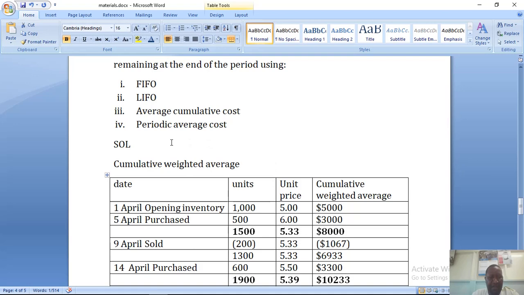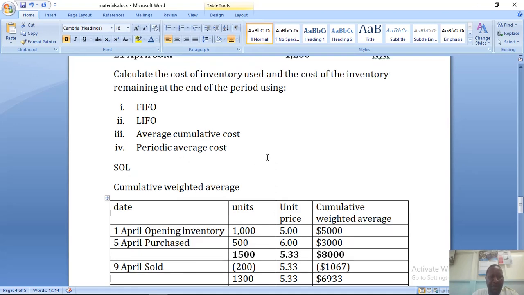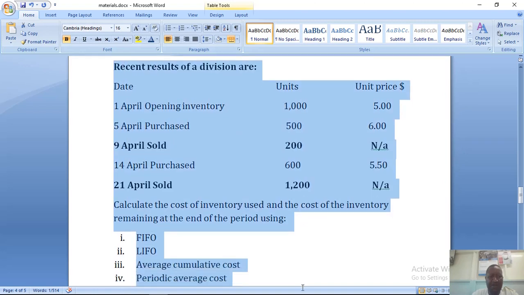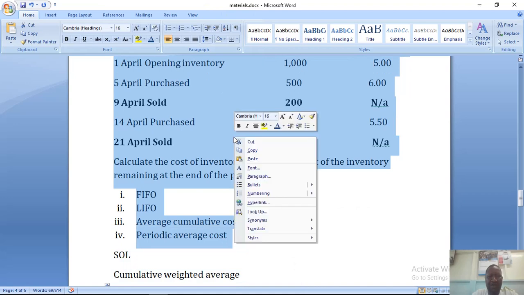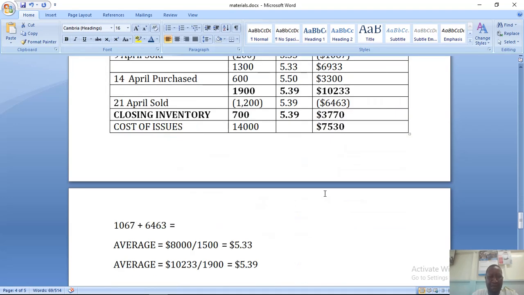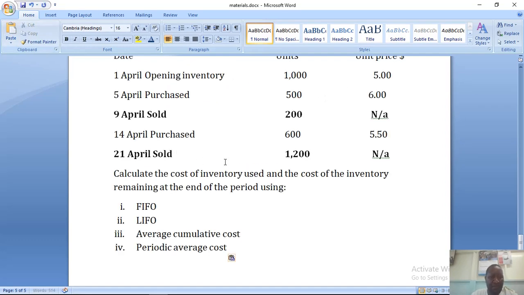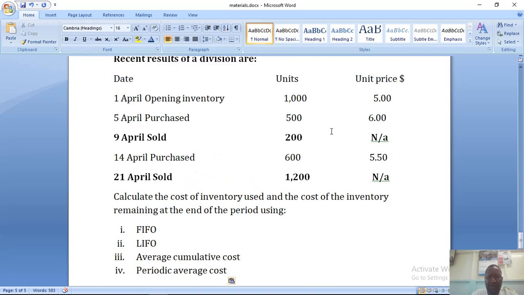Then the last method of inventory valuation is called the periodic average cost method. With this particular method, you have to calculate the average cost of issues right at the end of the period. So let's bring the question down there. What you do is you add the total value of purchases or units received, and then divide by the total number of units received, and you get the average cost per unit.